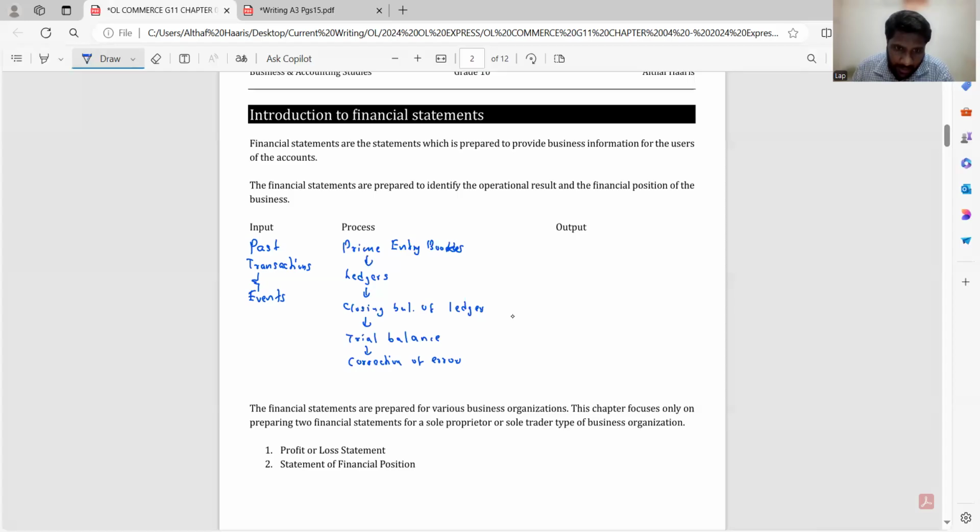So once you are done with all these things, then people, as output, we will get the financial statements.